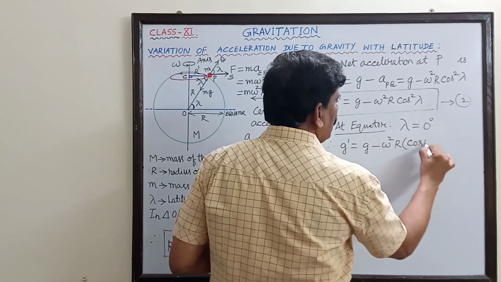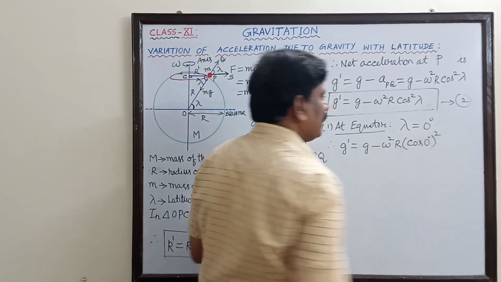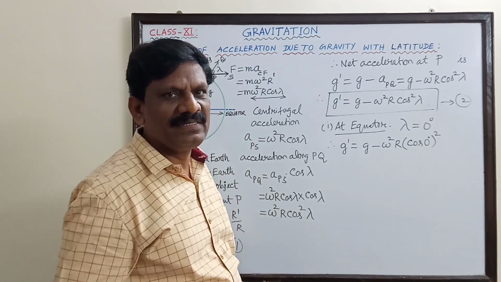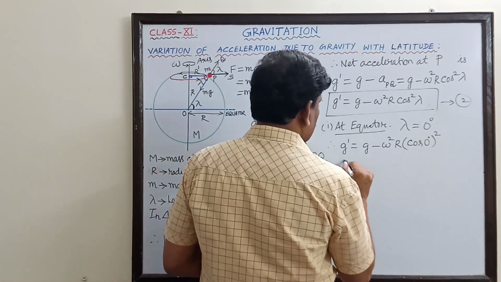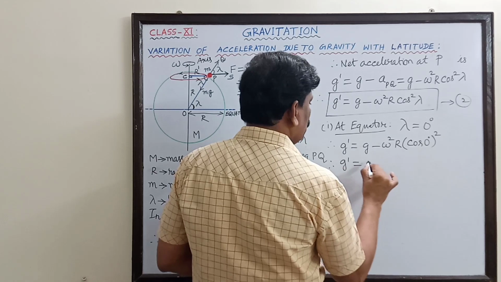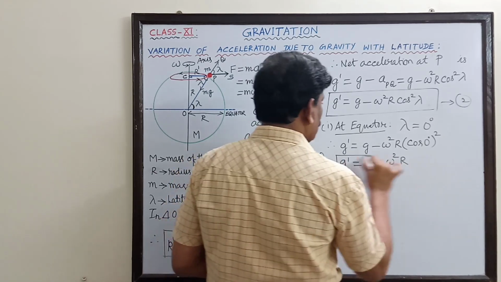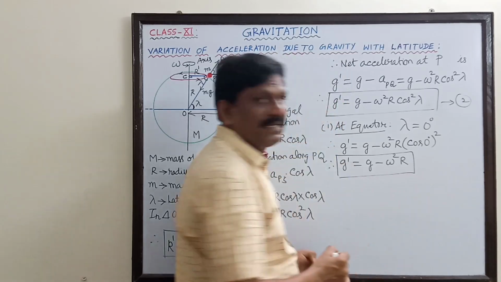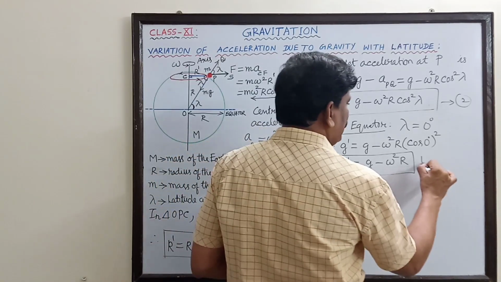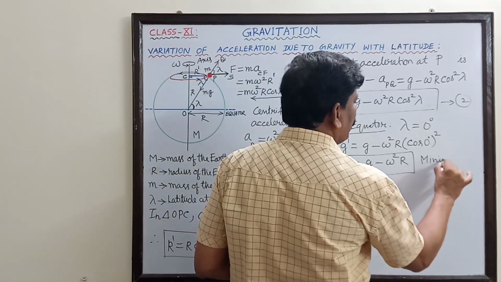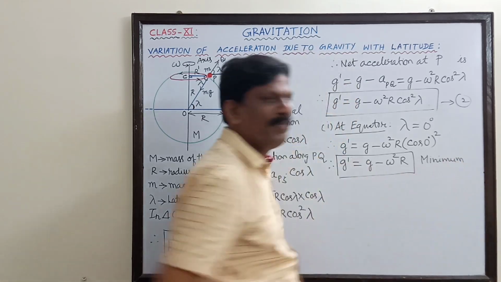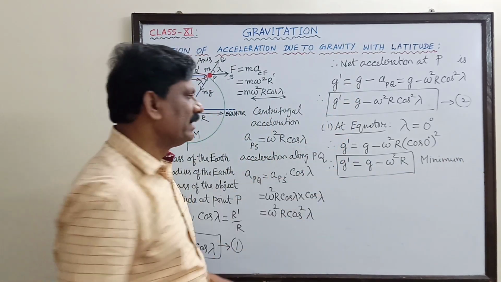Cos 0 is equal to 1, is it not? Therefore G dash is equal to G minus omega square into R. So it is less than G. Therefore here it takes a minimum value. The value of acceleration due to gravity will be minimum at the equator.